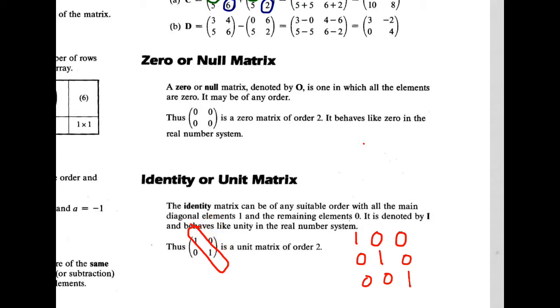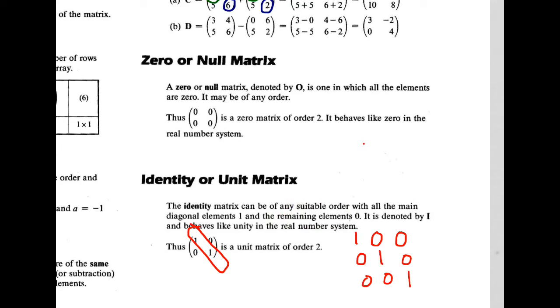In this case you have a unity matrix or an identity matrix, and this will behave like 1. You can multiply it and add it. It is denoted by I.